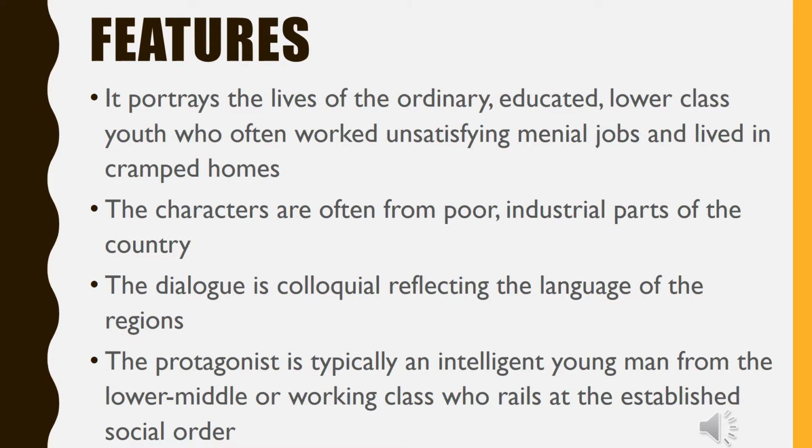So we can understand his frustration, his anxiety, and throughout the play we see how Jimmy Porter raves and rants and continues to voice his dissatisfaction with the established social order.